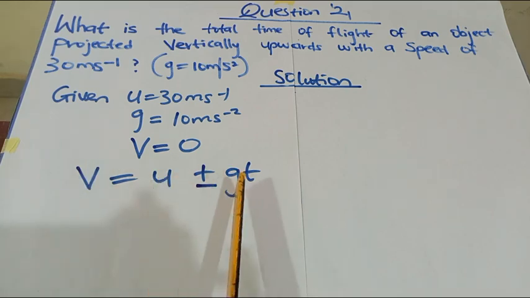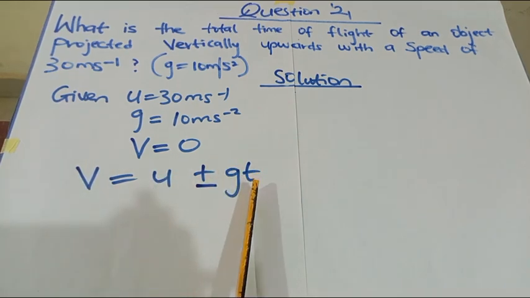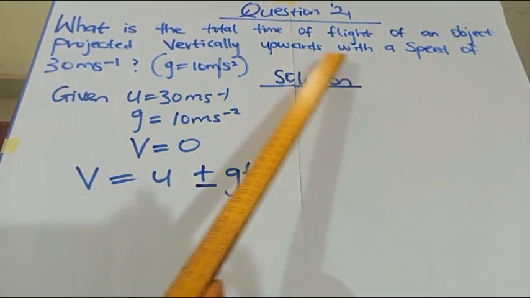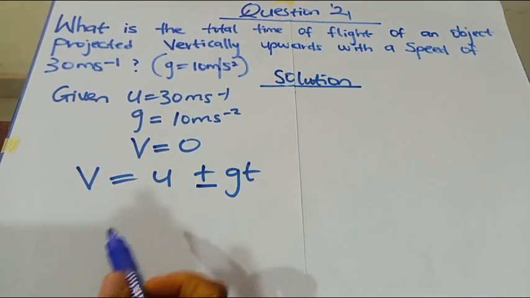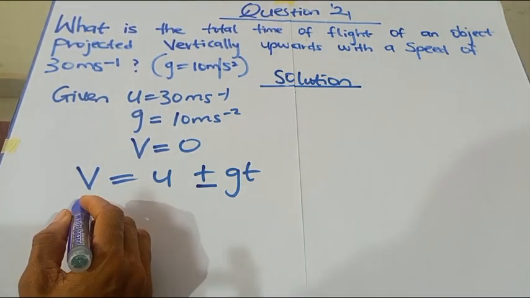We have u, we have g. So we can get the time for it to reach the maximum height. Once we get the time to reach the maximum height at v equals 0, we get the total time of flight.